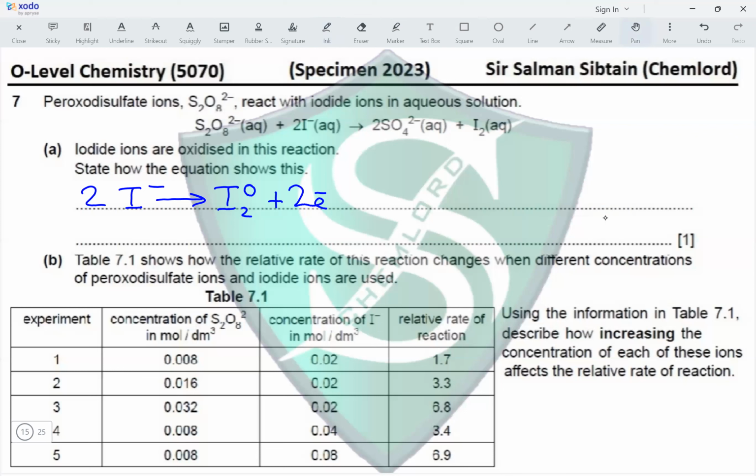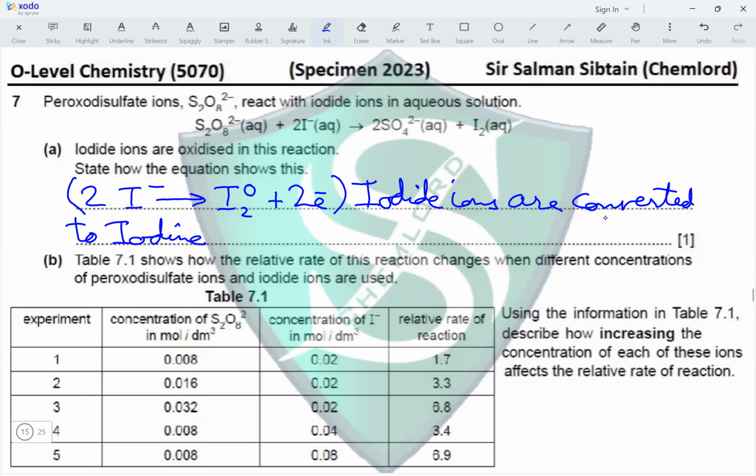So we can write that iodide ions are converted to iodine by losing electrons. And since loss of electrons is oxidation, this proves that iodide ions are oxidized in this reaction.